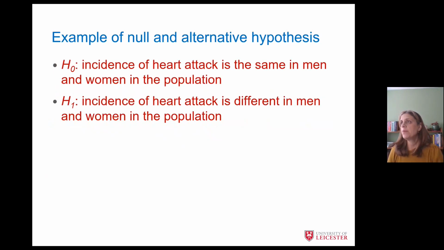So if you think of an example, here our null hypothesis is that the incidence of heart attack is the same in men and women in the population. And our alternative hypothesis is that heart attack incidence is different in men and women in the population. So you can see the null hypothesis, usually denoted by H0, is that there's no difference, and the alternative is that there is a difference.